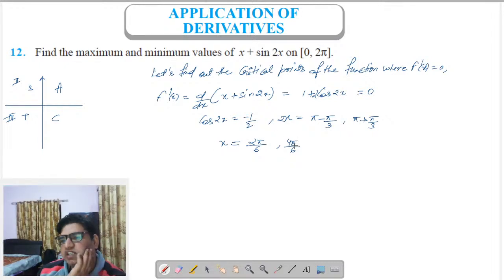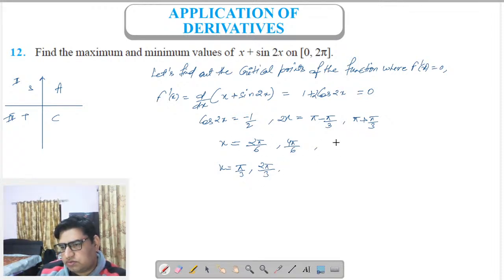So these are the intervals where x is equal to n. So x is equal to pi by 3, this is 2 pi by 3, and can we have a few other points?